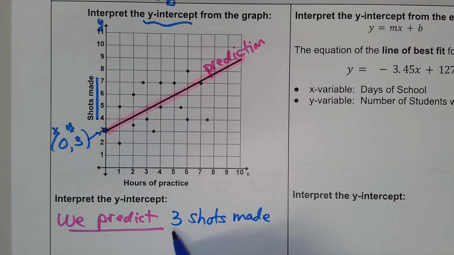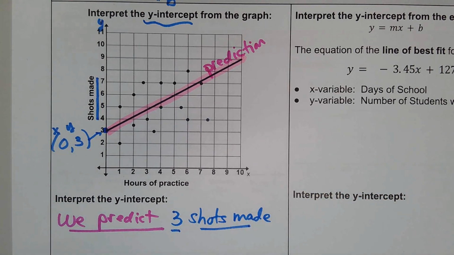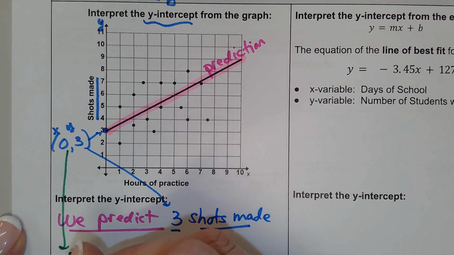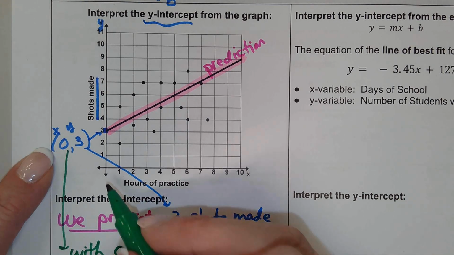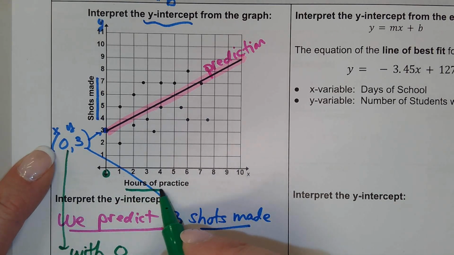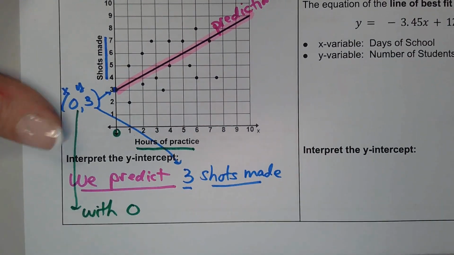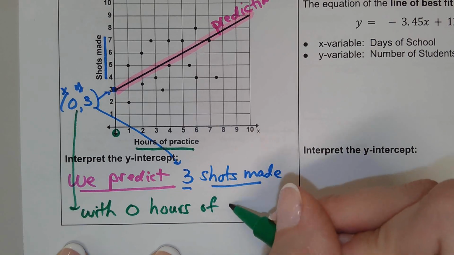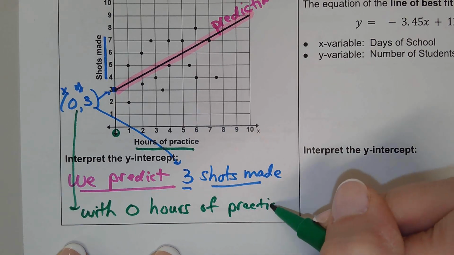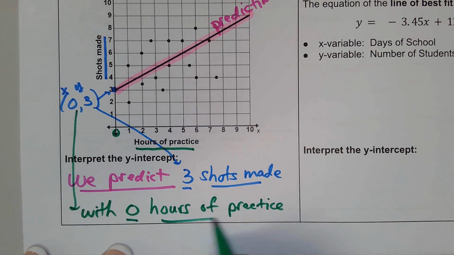So I said the number, I said the word, but now I have to make sure that I also explain the 0. 3 shots are made with 0. 0 is the x number. Let's make sure we say these x words: 0 hours of practice.